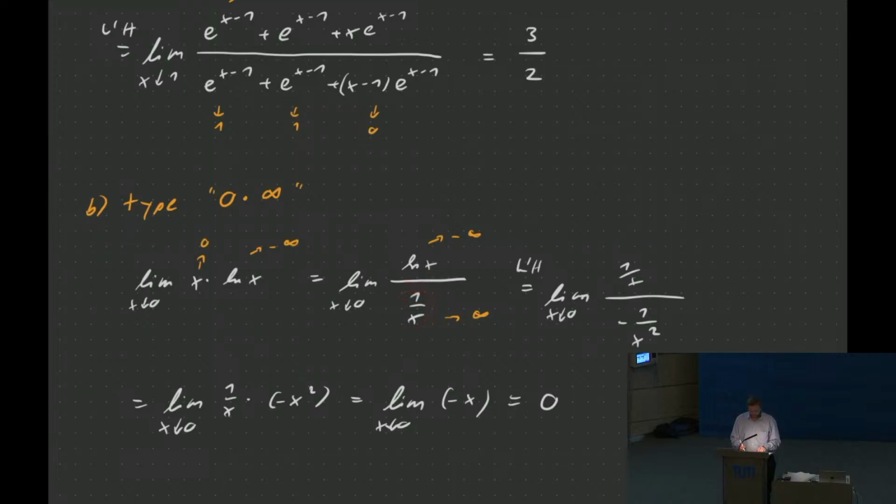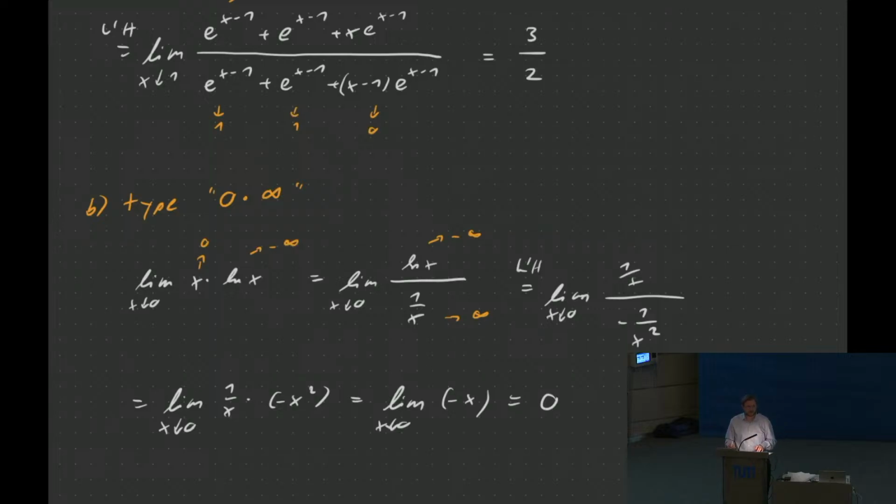And in that fraction, this expression goes to minus infinity, and this goes to plus infinity. So now we are in that infinity over infinity situation that we need for L'Hopital's rule. And if we apply L'Hopital, this of course gets a little more complex, but the important point is it makes the ln go away.